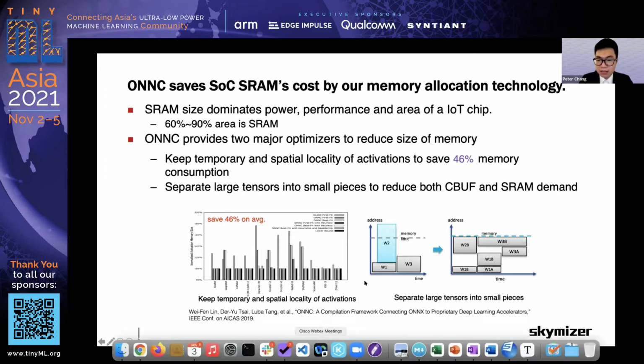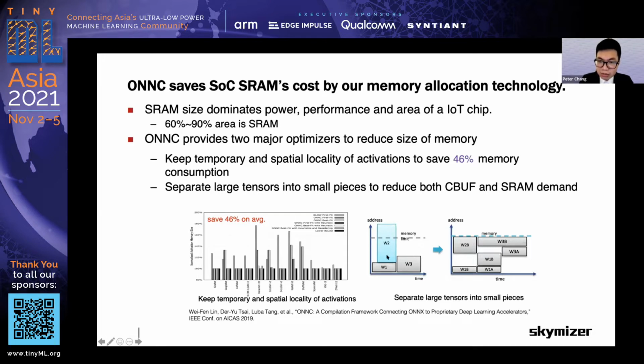As you can see, we analyze weight 1, weight 2, and weight 3. For weight 2, we have to allocate a large memory space for a time period. But when we really dig into it, we found there is a false data dependency, which means we could split this W2 into small pieces.